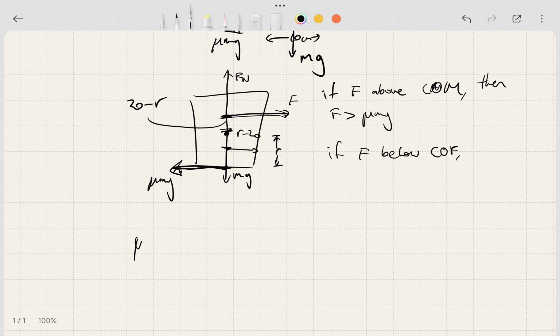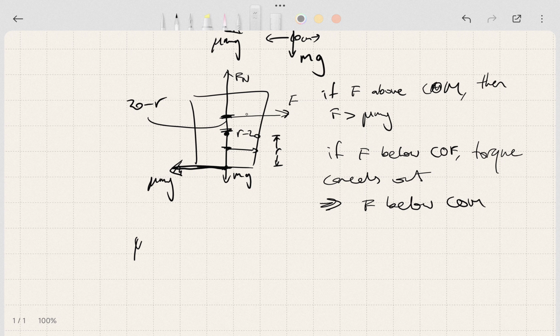But if F is below the center of mass, the torque cancels out. So therefore, we conclude that the force is actually below the center of mass, at a distance r minus 20.